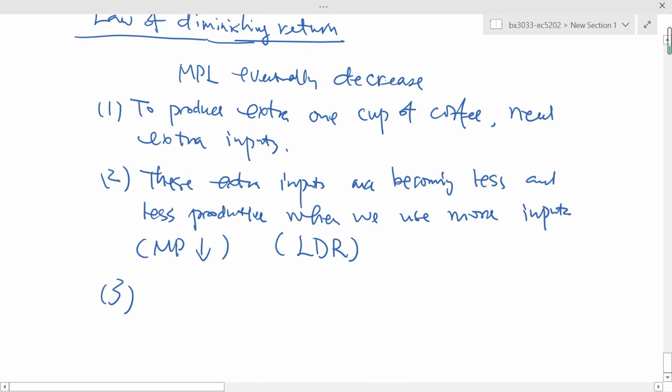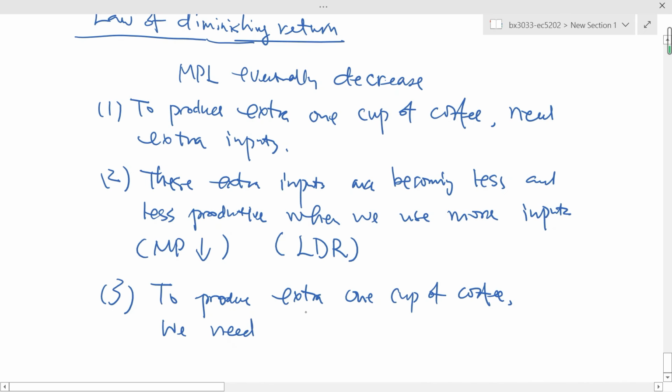So eventually, this means that to produce one extra cup of coffee, we need more and more extra inputs, more and more additional inputs.